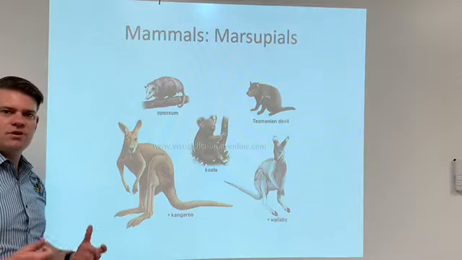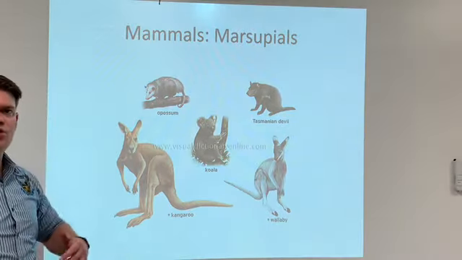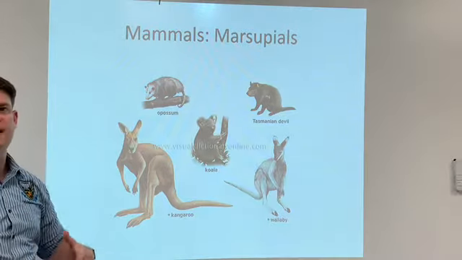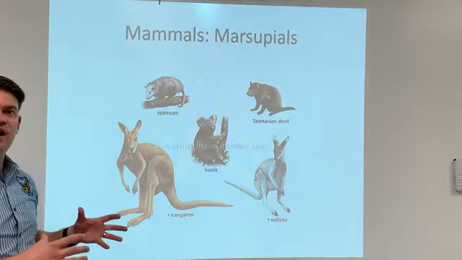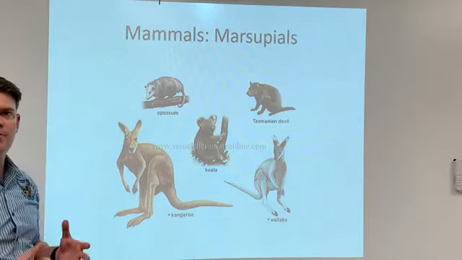And what you'll notice with most mammals is they don't have a lot of young, right? When you look at compared to like lizards and snakes and even amphibians, they lay a lot of eggs because they know that some of those eggs are going to be eaten by predators.